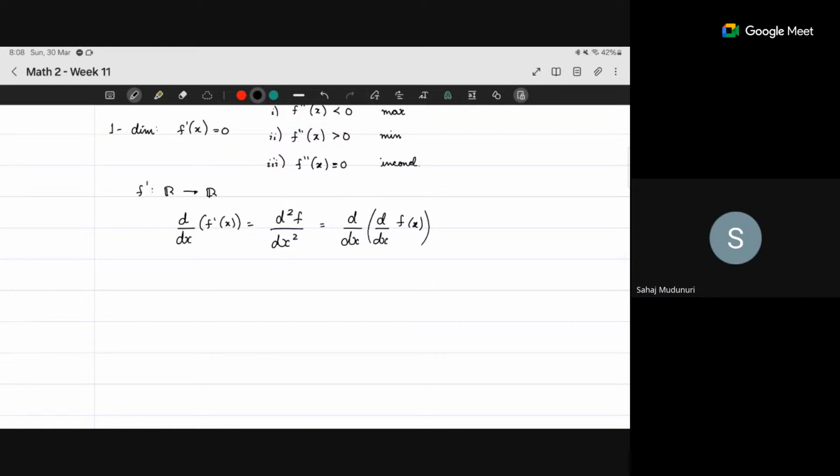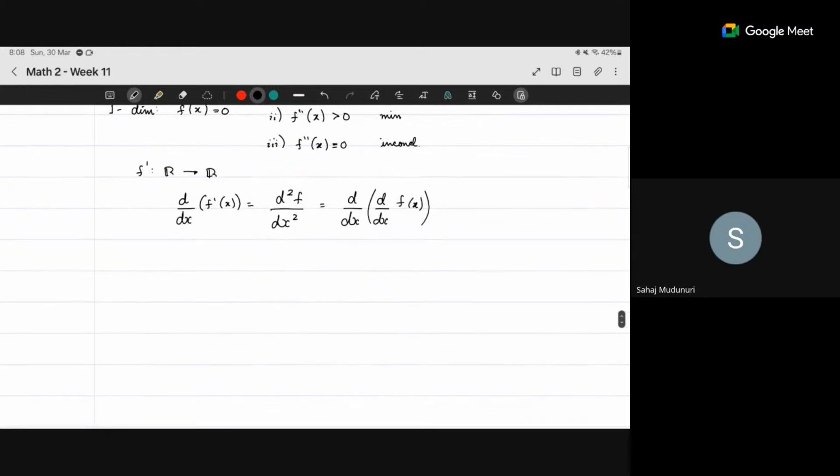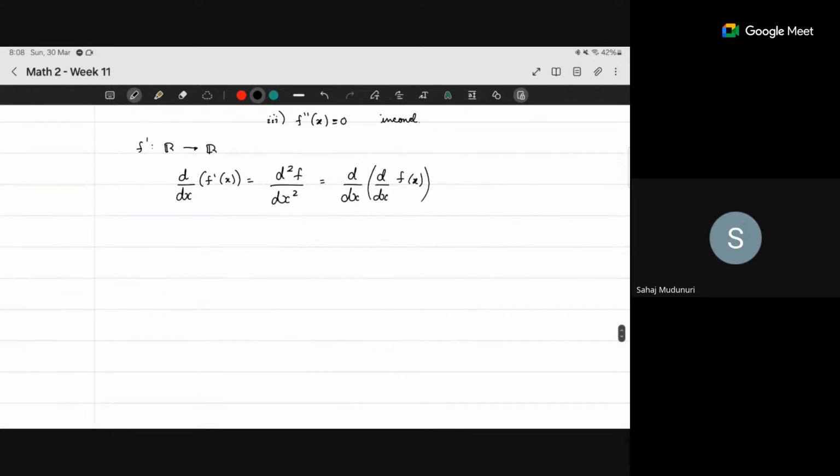But what happens in the case of multivariable functions? You have a vector, you have the gradient vector, but we don't know what it means to differentiate a vector. So in this case, what we will do is we'll look at the components of the gradient vector and then differentiate each of them with respect to each variable. So what we have in the case of multivariable functions is the following.